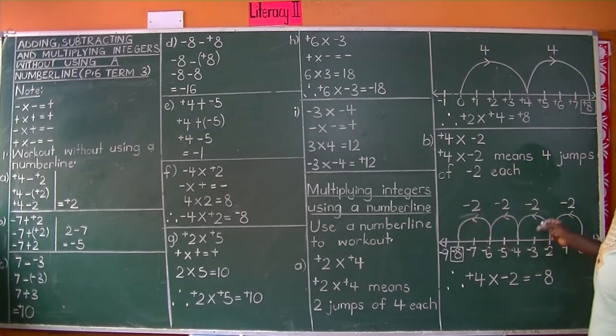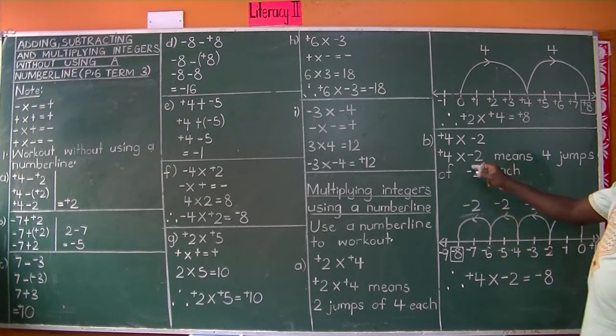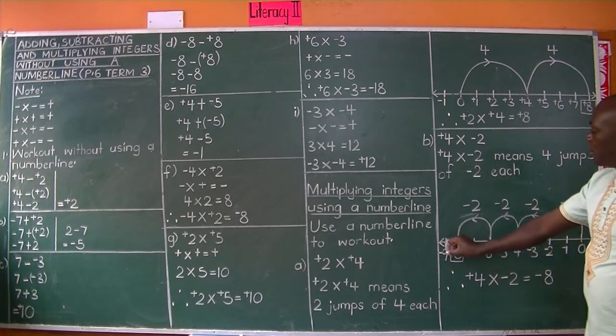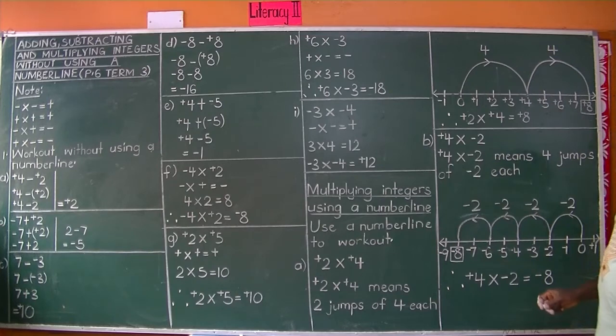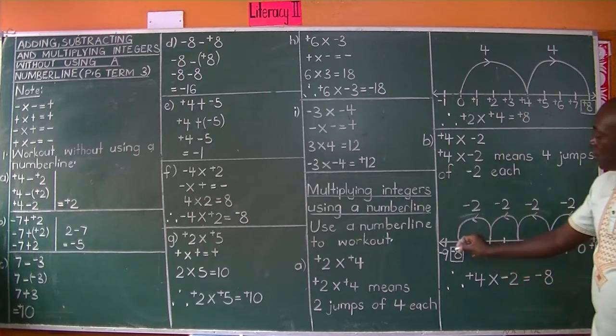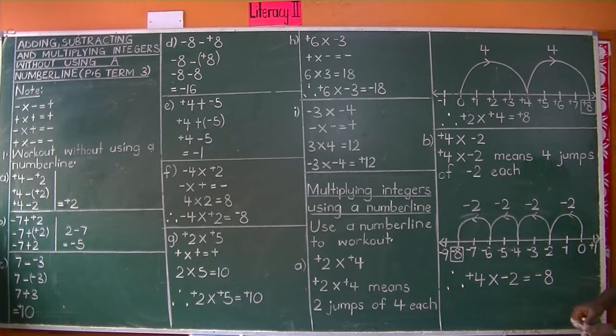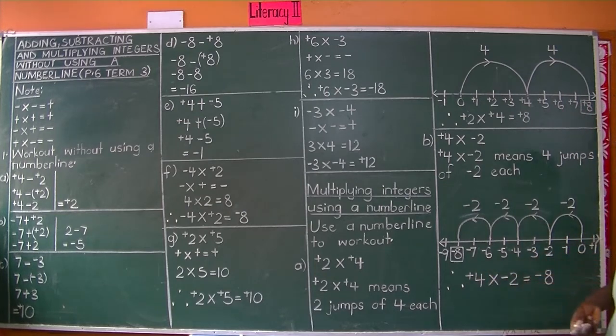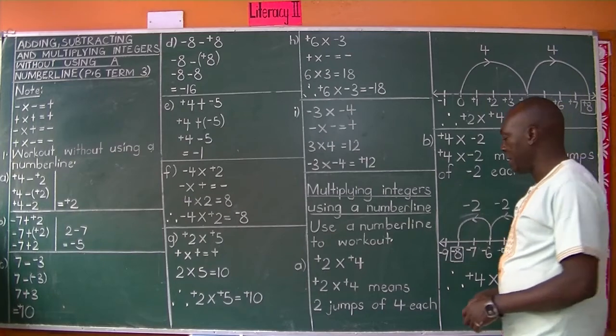So this is 4 jumps: first, second, third, fourth jump of negative 2. So we've got each negative 2 and there are 4. On the fourth, that marks the answer; you put it in a box and say therefore positive 4 times negative 2 is equal to negative 8.